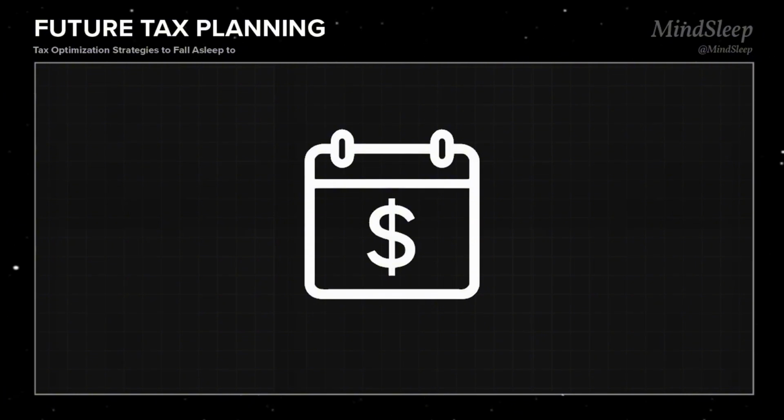One of the most critical aspects of future tax planning is the ability to anticipate and prepare for policy changes. This requires not just an understanding of current tax laws, but also an awareness of political and economic factors that could influence future legislation.